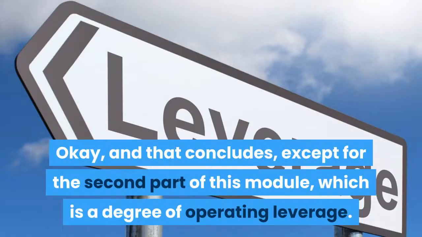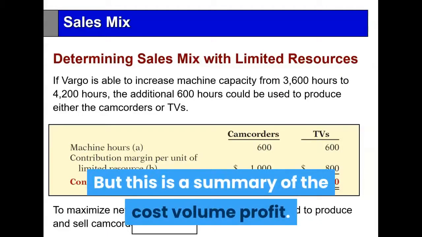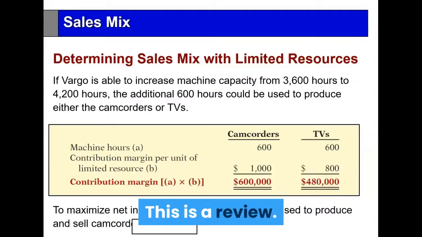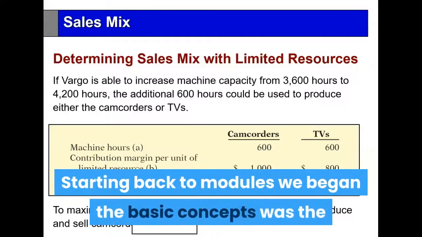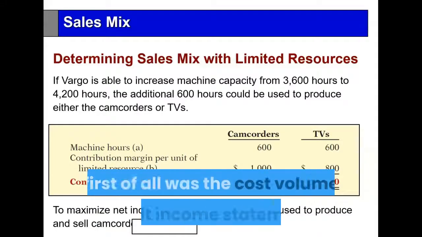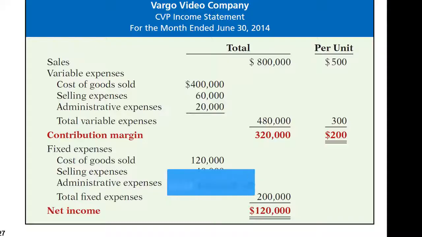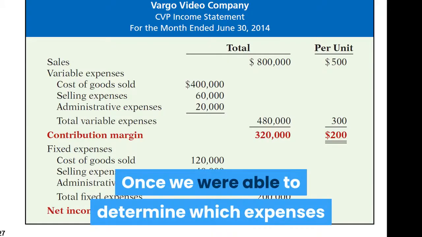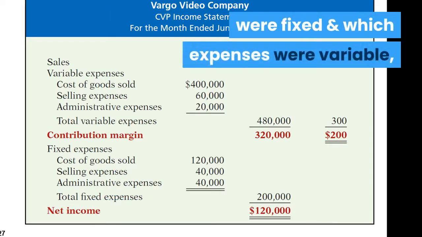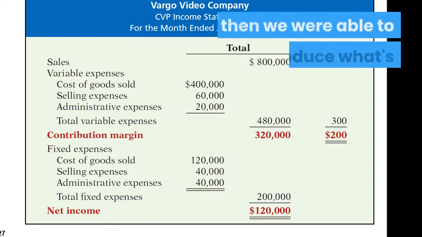Well, again, you can see that for camcorders, that extra 600 hours, when I have a contribution margin per hour of 1,000, is 600,000, whereas for televisions, it's 400. So you see, when we have a constraint like limited resources, then what we do is we attempt as management to maximize the total contribution per the constraint, okay?